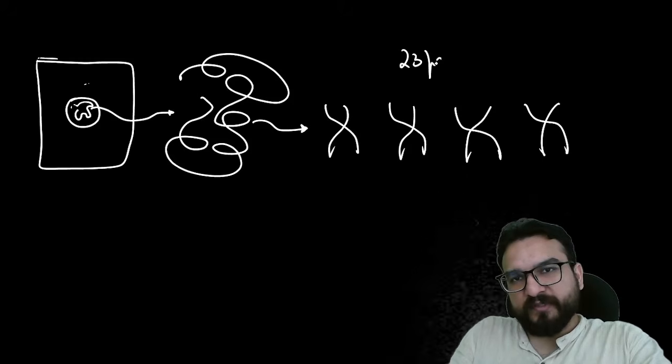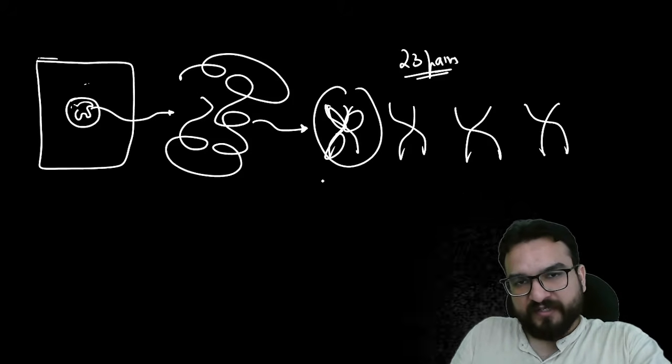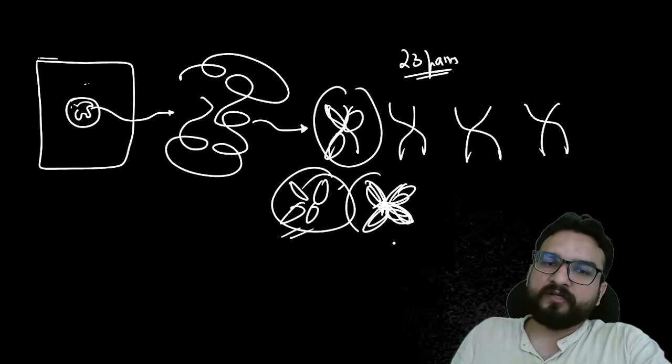Humans have 23 pairs. This is one pair, connected like this. One particular chromosome is this, the second is this, and this is called one pair, two pair.